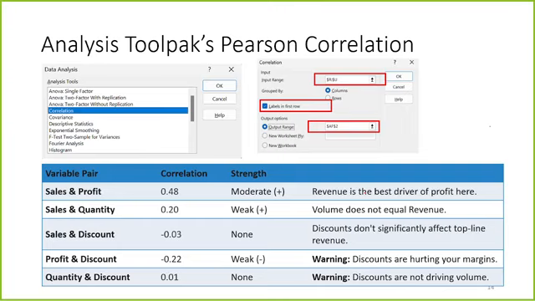That's what we already talked about. Sales and discount, almost 0, right? So discount doesn't significantly have a relationship with sales. Profit and discount, this means that discount will hurt your margins. Quantity and discount, this is almost 0 again. That means discount does not have anything to do with volume.